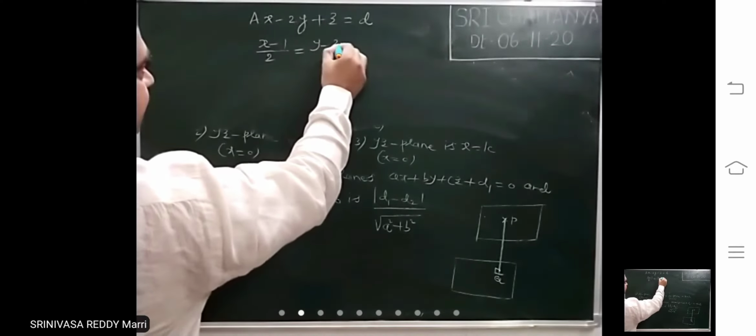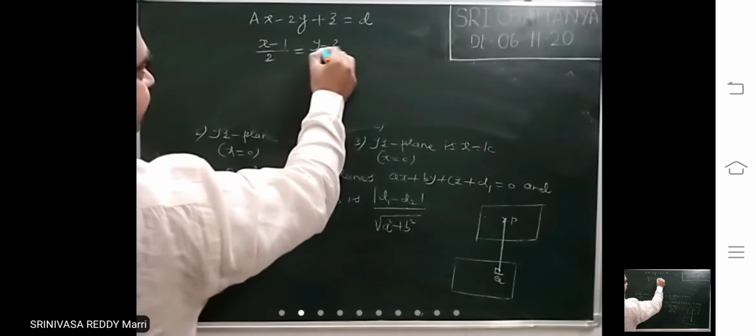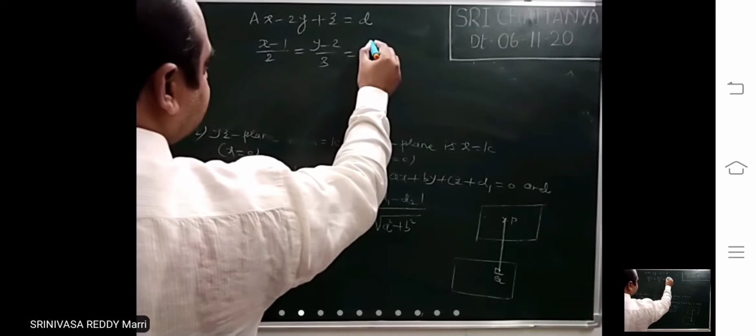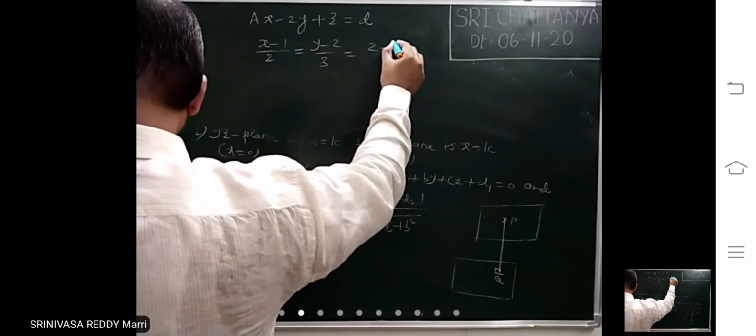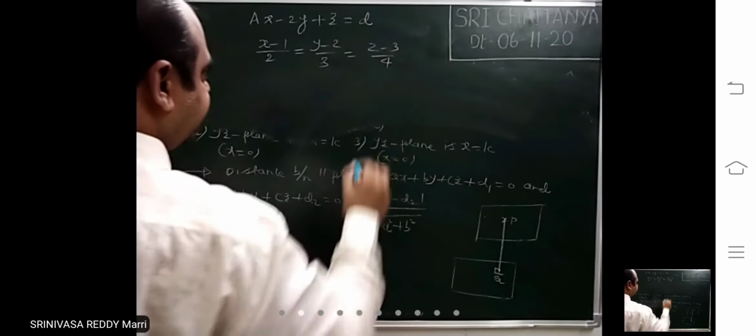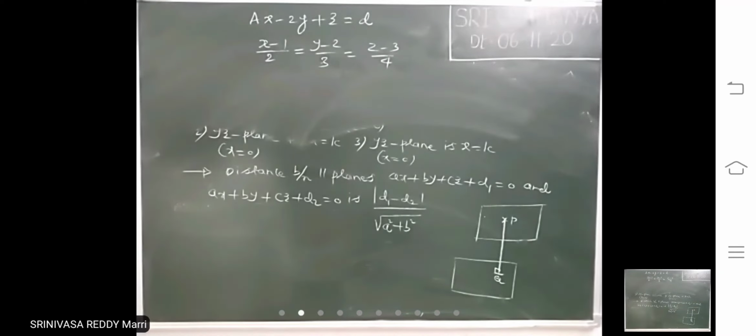x minus 1 by 2 equal to y minus 2 by 3 equals z minus 3 divided by 4.